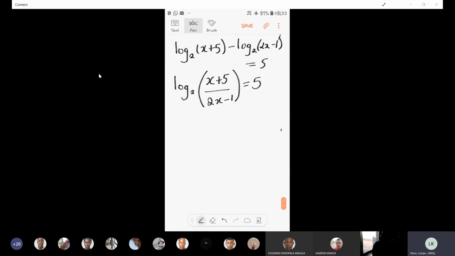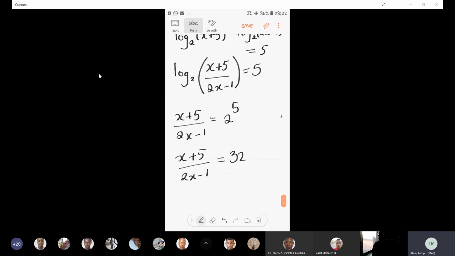Okay, then you rewrite this in exponential form. So you'll have x plus 5 over 2x minus 1 equal to 2 to the power of 5. Now 2 to the power of 5 is 32, so I have x plus 5 over 2x minus 1 equal to 32.